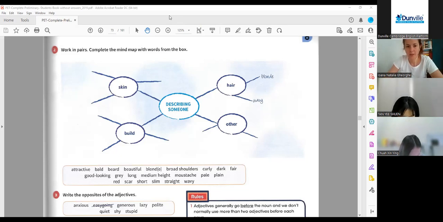Okay. Let's have a look together and we can fill in new words if we haven't gone through them. Let's start with skin. What words did you use to describe skin? Pale, yeah. Anything else? Dark, yeah.